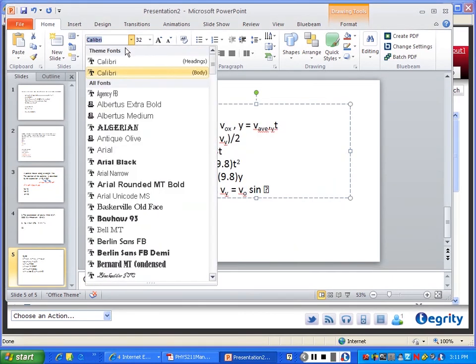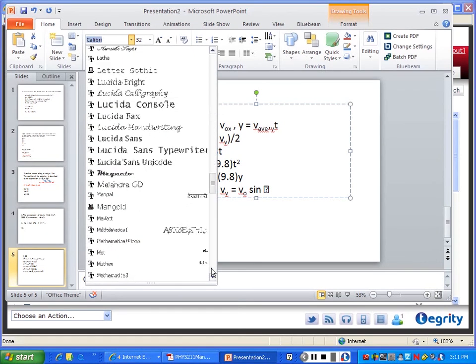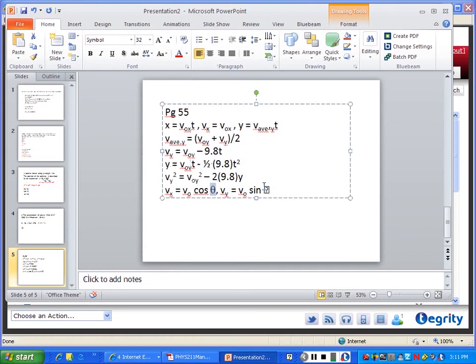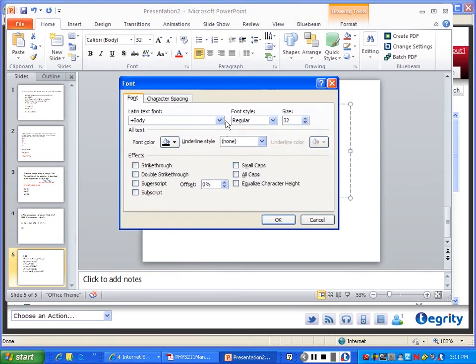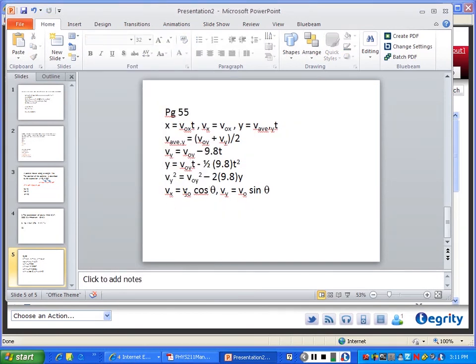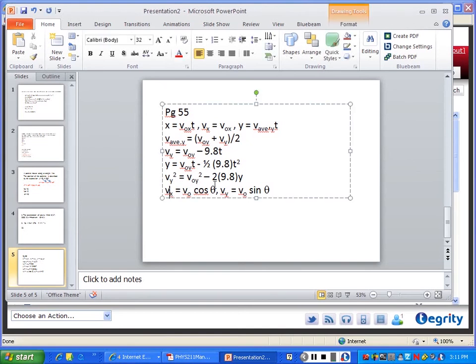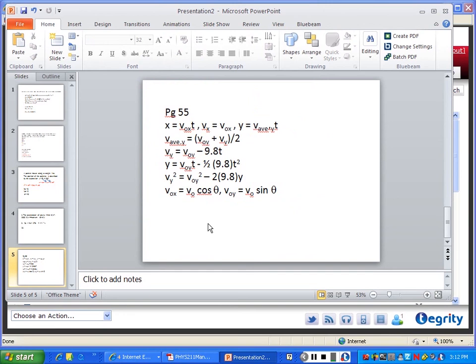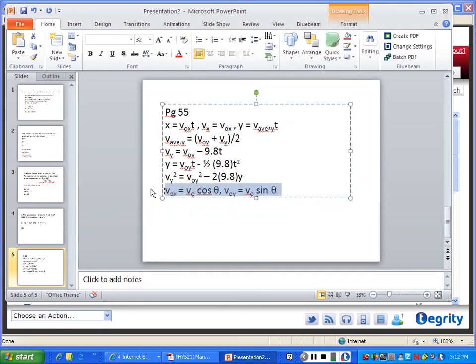Let's see if we can change that font to theta. There we go. Okay. So, I need one more. Oh, there, VOX and VOY. Okay. So these two equations here define for us what VOX and VOY are. Those are the initial horizontal and vertical velocities given the angle theta and the initial launch velocity v0.